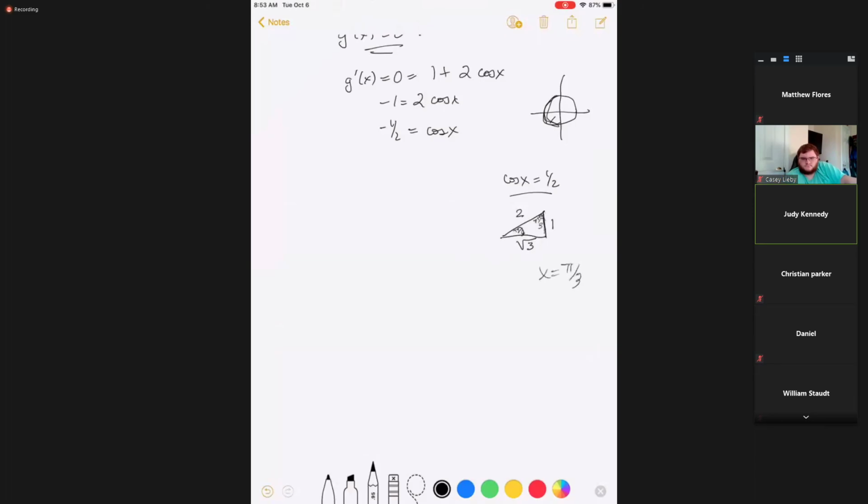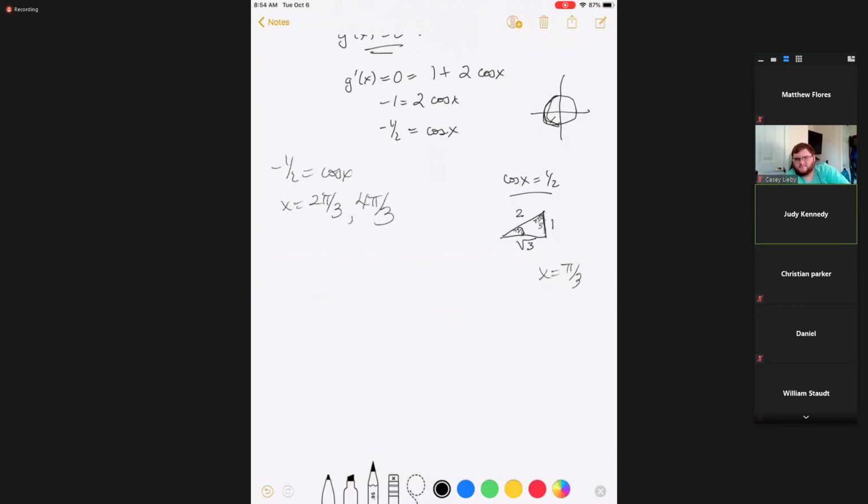But of course, that's in the first quadrant. In the second quadrant, the corresponding angle would mean that x is 2 pi over 3. And what about in the third quadrant? There's one there too. Would it be 4 pi over 3?